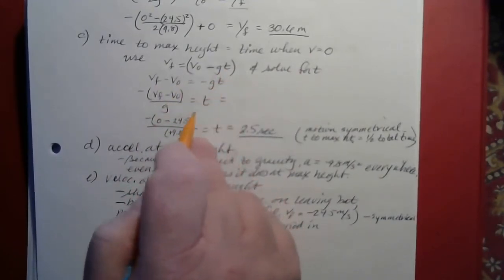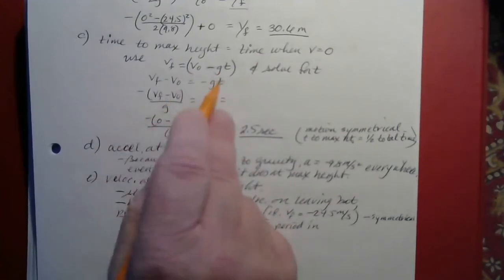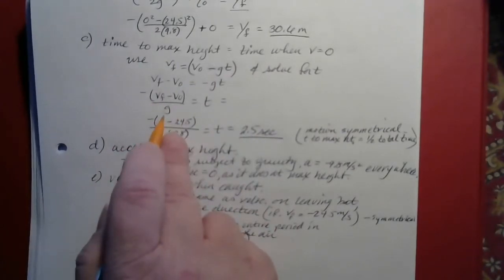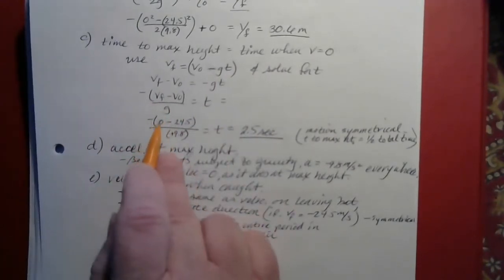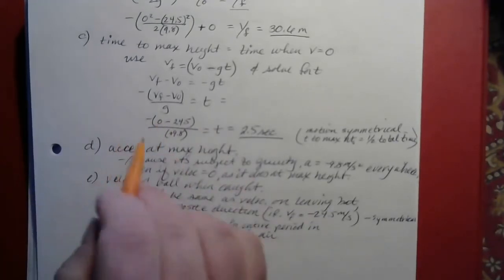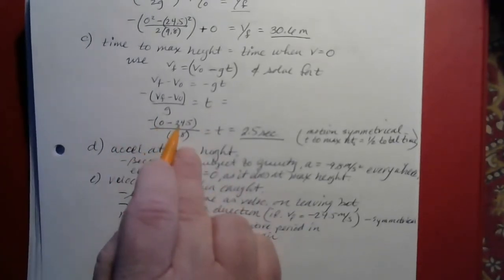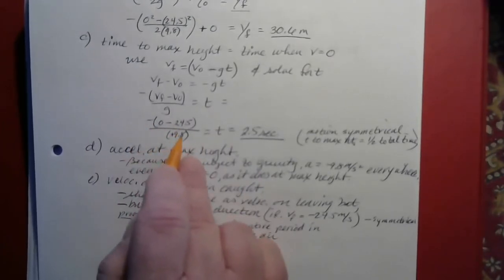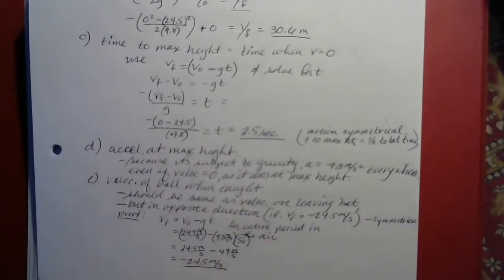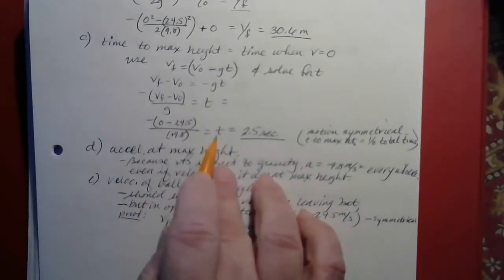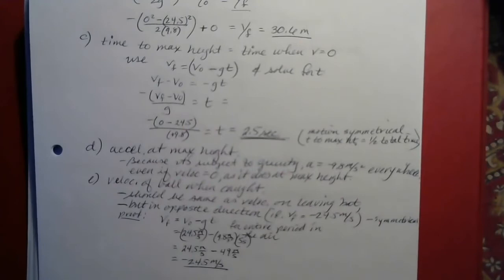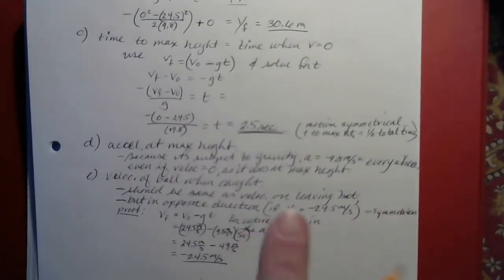And you can divide both sides by negative G, and that solves for T. So negative (V final minus V original) over G is T. V final at the maximum height is 0 minus 24.5. Take the negative of that and divide by 9.8 meters per second squared for gravity. And it gives you the time, and look where it comes out to be, 2.5 seconds. So it's true, it did spend half of its time rising and half of its time falling.